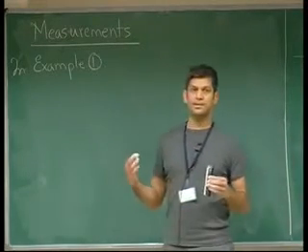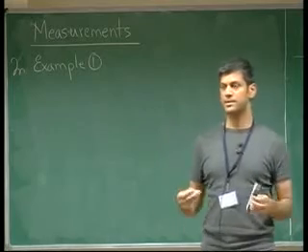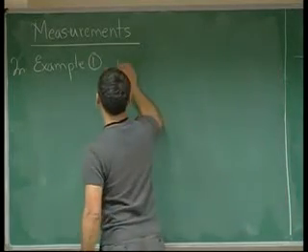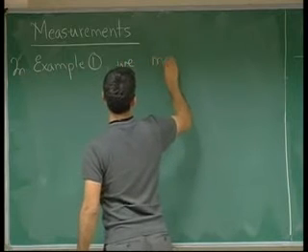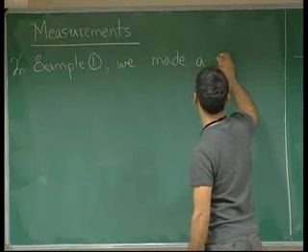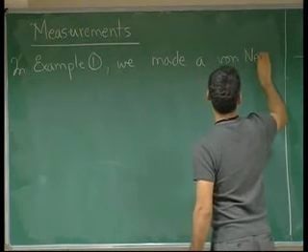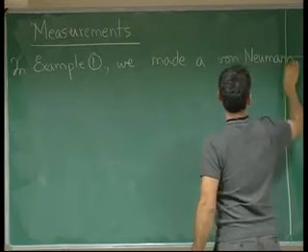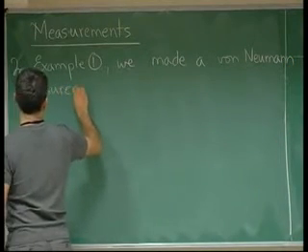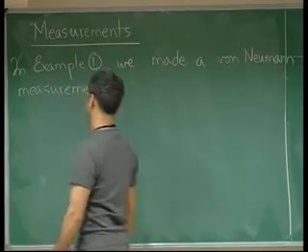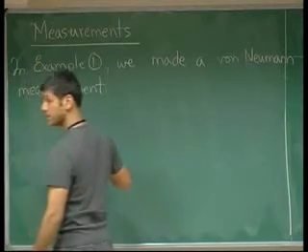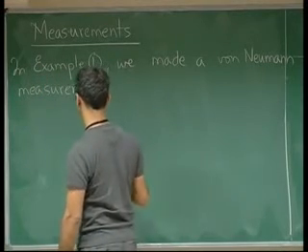That is an example of a very simple kind of measurement, a projective measurement, or a von Neumann measurement. Mathematically, this is given by a sequence of projection operators, orthogonal projection operators.